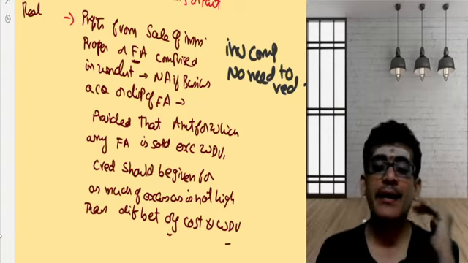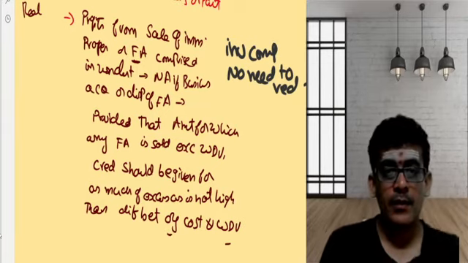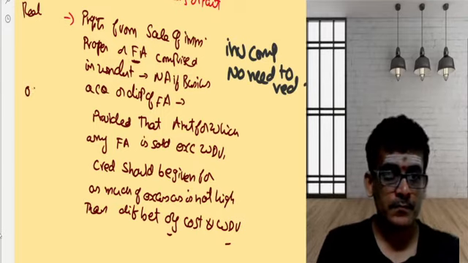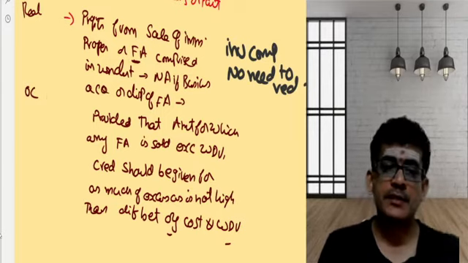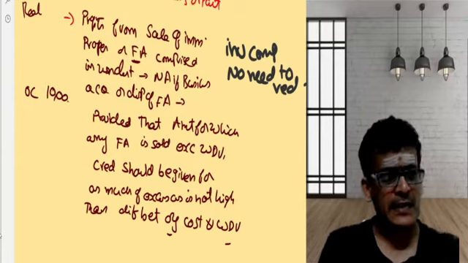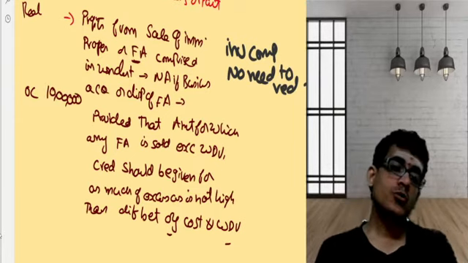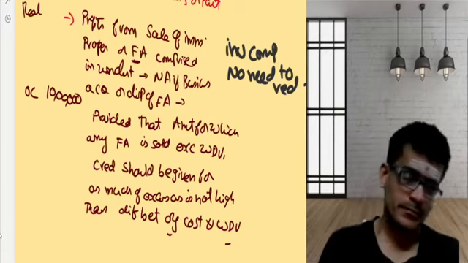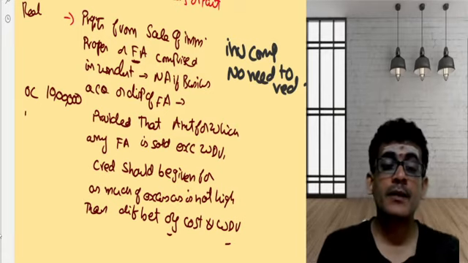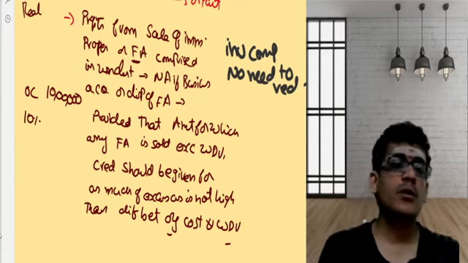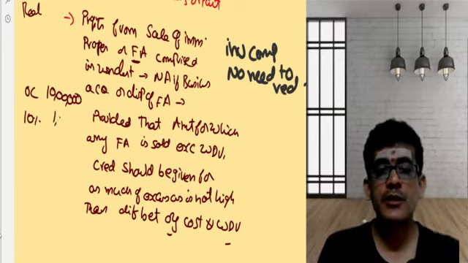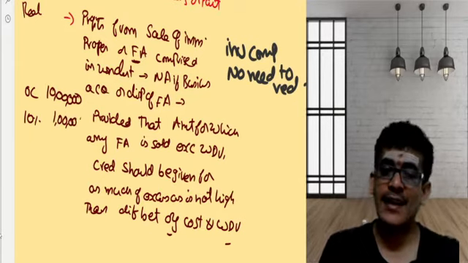Let me explain this. Say suppose the original cost of the asset is 10 lakhs. You have used the asset for 2 years. Let me consider the depreciation is 10% on WDV. First year you have taken a depreciation of 1 lakh.